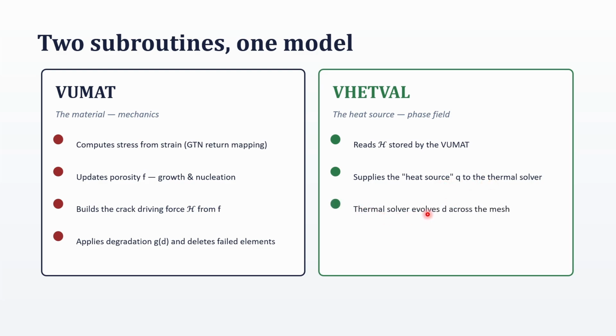The thermal solver evolves D across the mesh, and this runs natively on multiple CPUs because there is no user element involved here. Okay, this is one of the major reasons why we use a VHETVAL instead of a VUEL. It's important. In the next video, I will discuss snippets of the code, so you will be able to understand exactly what I am doing.